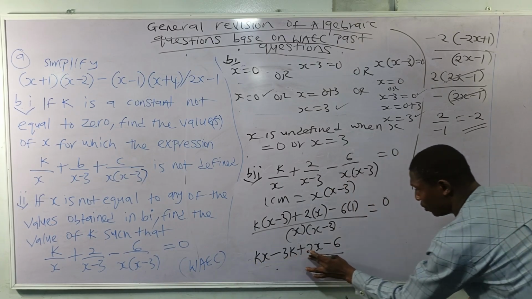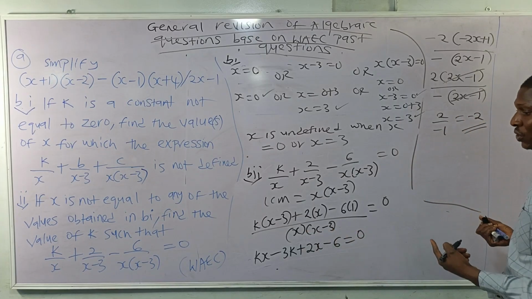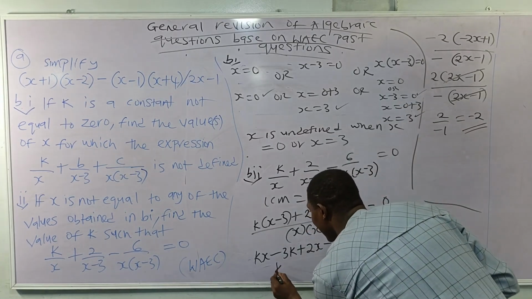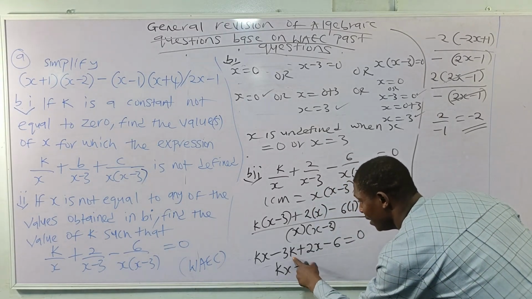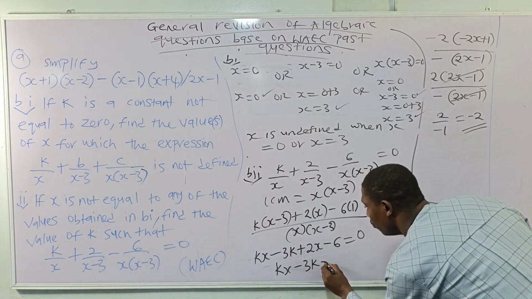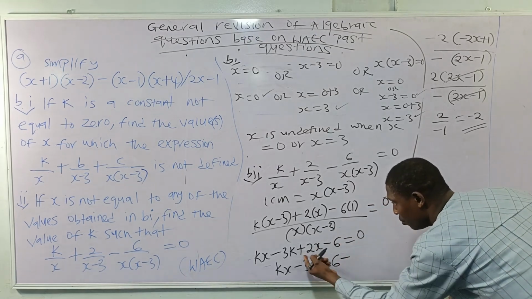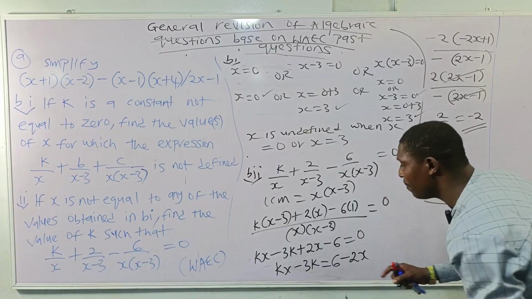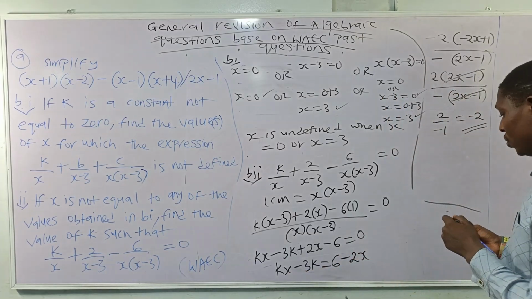I can simply cross multiply also to save space. So I have 0 times this expression will give me 0. So I'll have kx minus 3k, since I'm looking for k, will be equal to positive 6 crossing to the other side, minus 2x. Remember, I leave kx and 3k because k is common, and I'm looking for k.